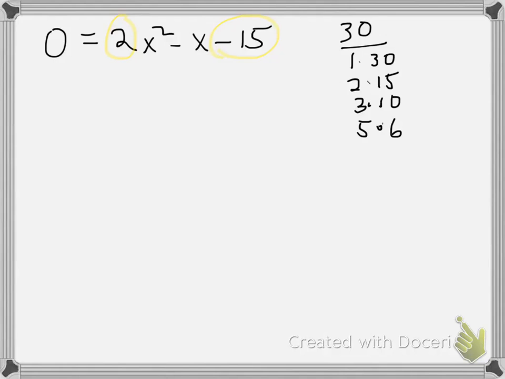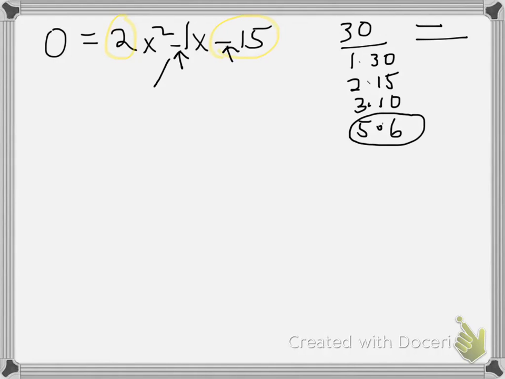And remember, because this is really 2 times negative 15, I want to subtract them. And what do I want to get? Well, I want to get what the middle term is, which is really negative 1. That would mean this pair here, because 6 minus 5 is 1, or 5 minus 6 is negative 1.